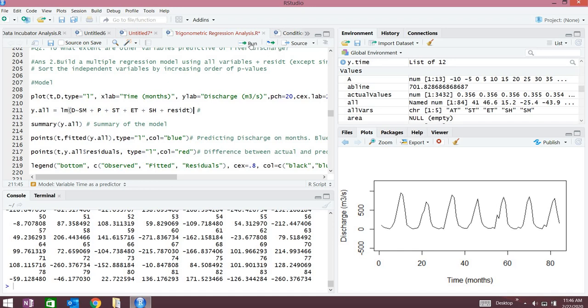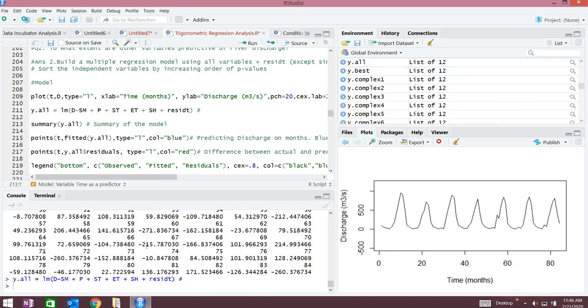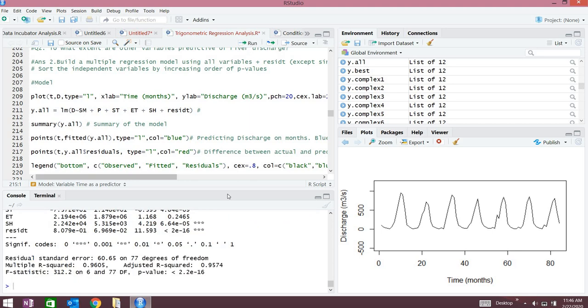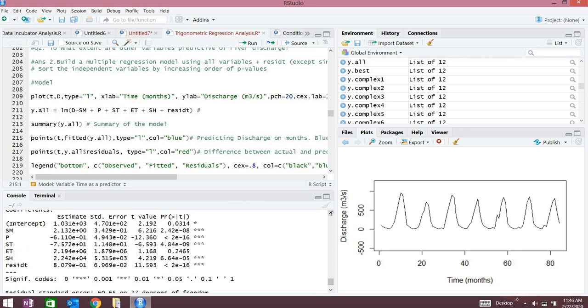Sorry, I should not select run it. So okay, we run all the model, and summary y all. This is what you get. All the variables are statistically significant except for ET.